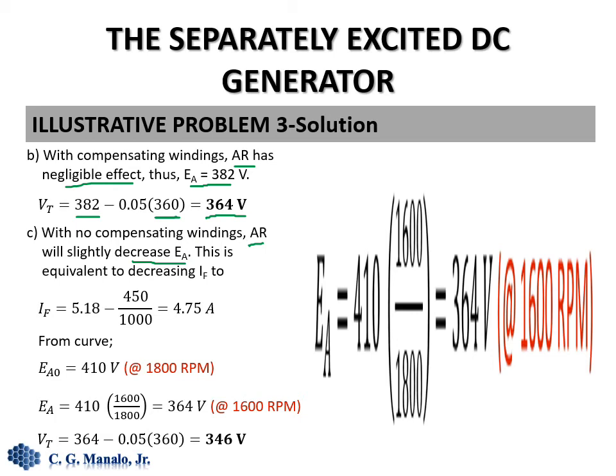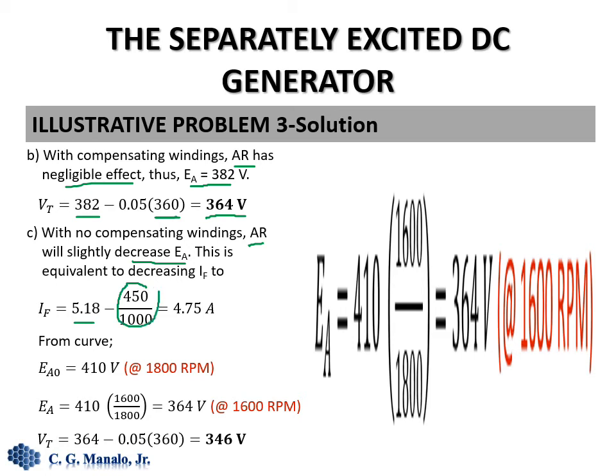So how are we going to determine our new EA? The technique here is to determine a new value for I sub F. That would be the actual value minus this one.